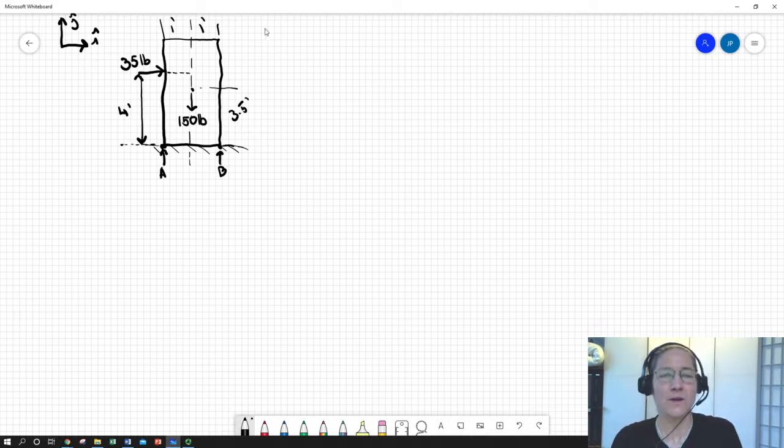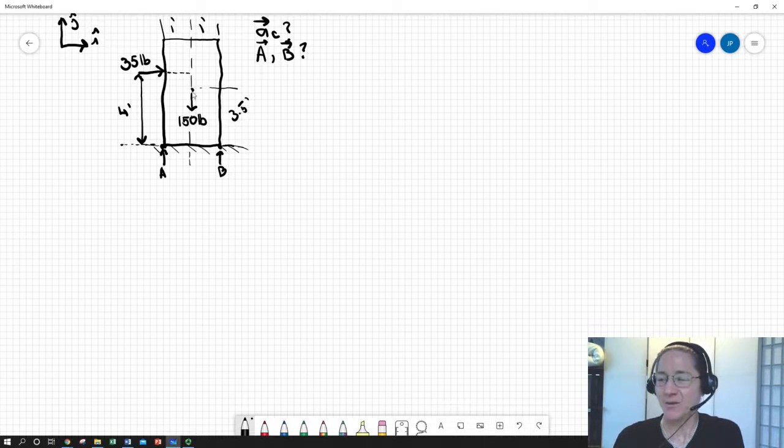So we need to know the acceleration of the center of mass of the crate. And somebody wants to know the magnitude of the reaction forces A and B holding up the crate.